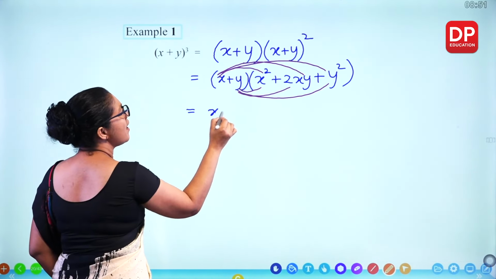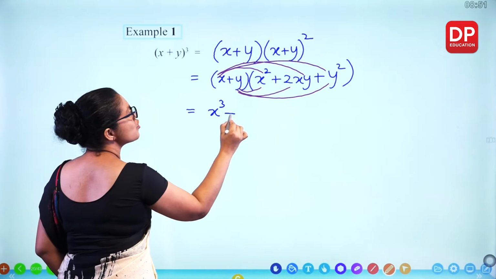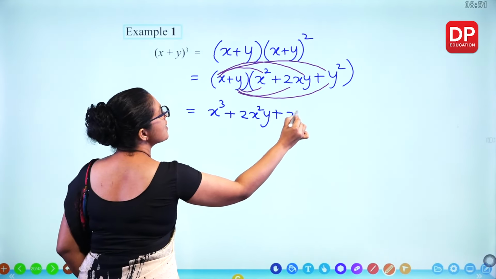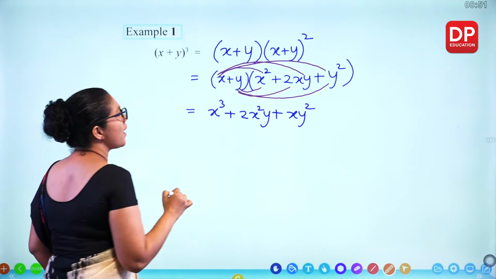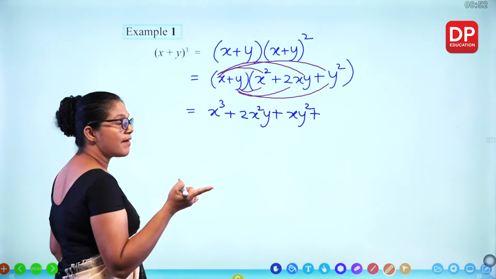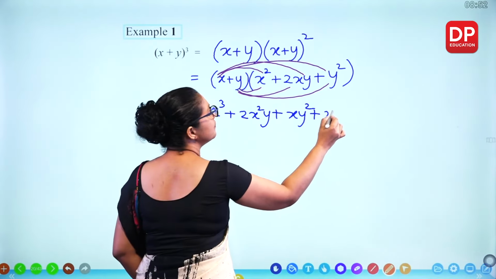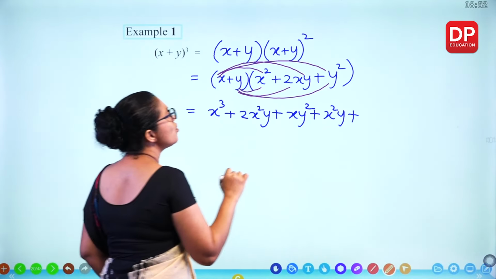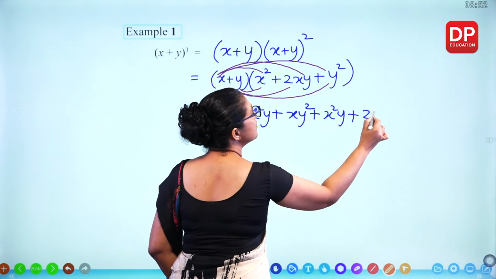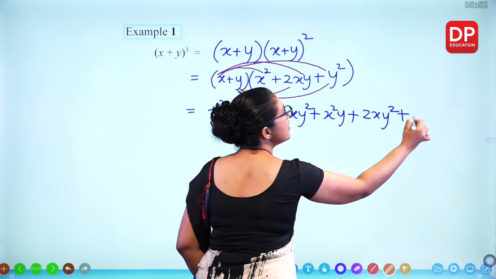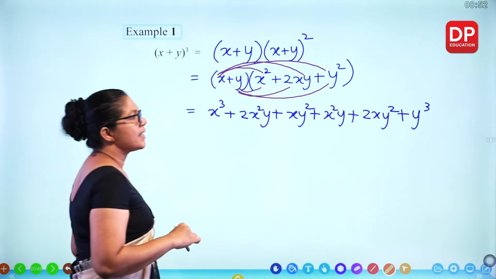x into x squared, you get x cubed. x into 2xy, you get 2x squared y. x into y squared, xy squared. Now with y: y times x squared, or I can write x squared y. Plus this into this, you get 2xy squared. And then the last term, y into y squared, you get y cubed.